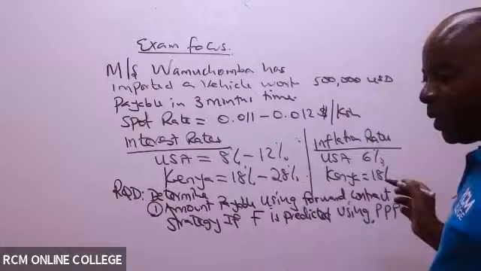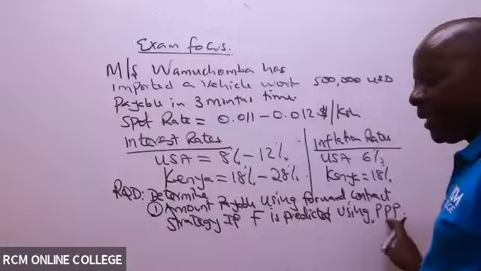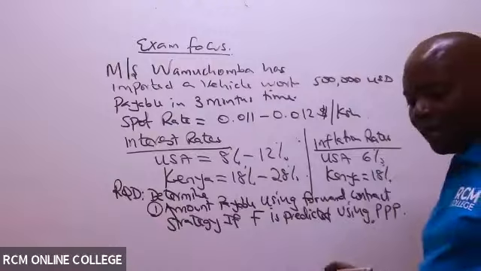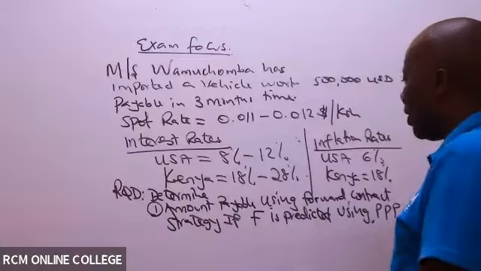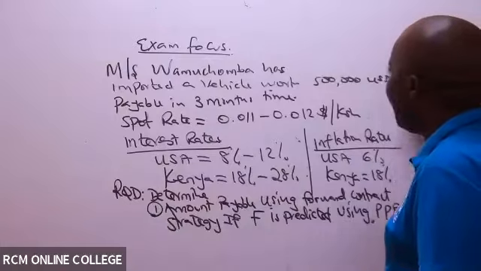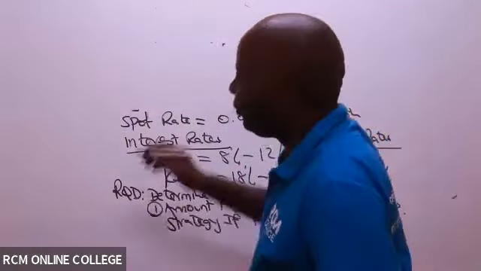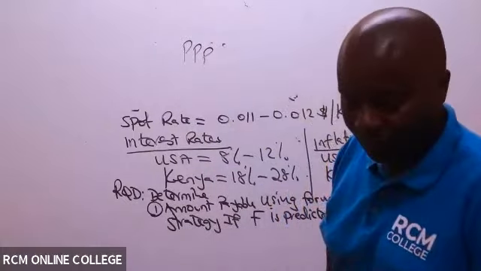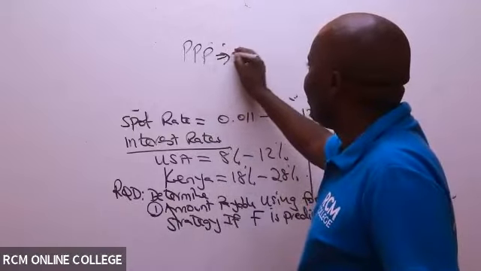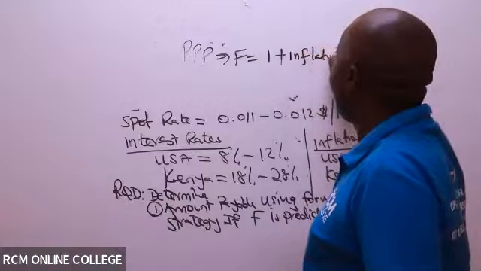Well, the very first thing that we need to do here is to apply this PPP, purchasing power parity, to predict forward exchange rate, because we can't get forward contract without forward exchange rate. So then we are using now this PPP. One plus inflation.